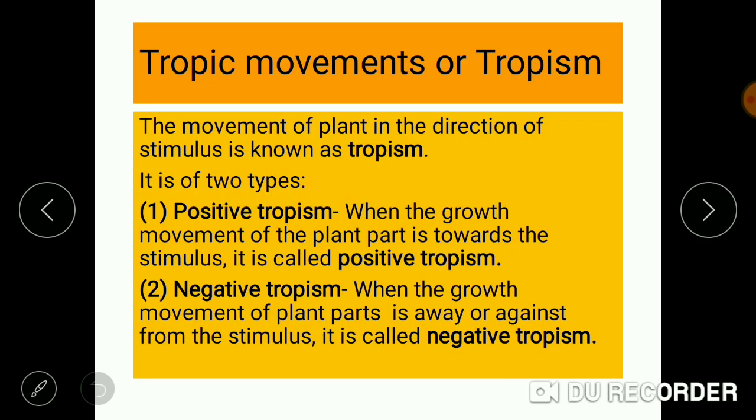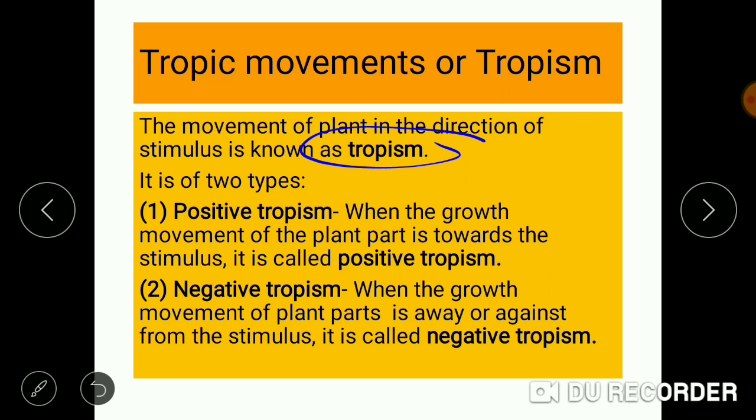Tropic movement, or tropism: the movement of a plant in the direction of a stimulus is called tropism. The direction in the case of tropism is very clear. There are two types of tropism, positive and negative. Positive tropism is when the growth movement of the plant part is towards the stimulus.